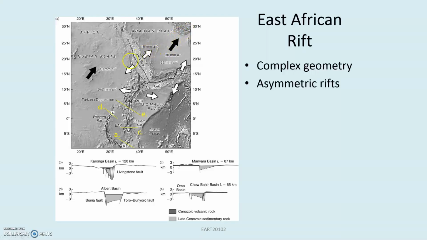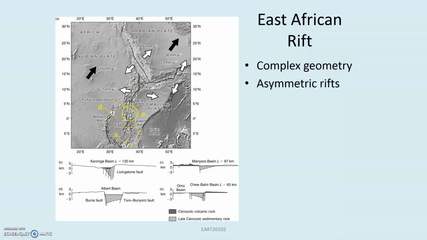So we're accommodating that by extension of the Red Sea at about 16 millimeters per year, but then we've got extension of the Gulf of Aden of about 23 millimeters per year, which then those sum up to have an extension across the East African Rift of between 6 and 7 millimeters per year. So we're opening up this rift system in here.